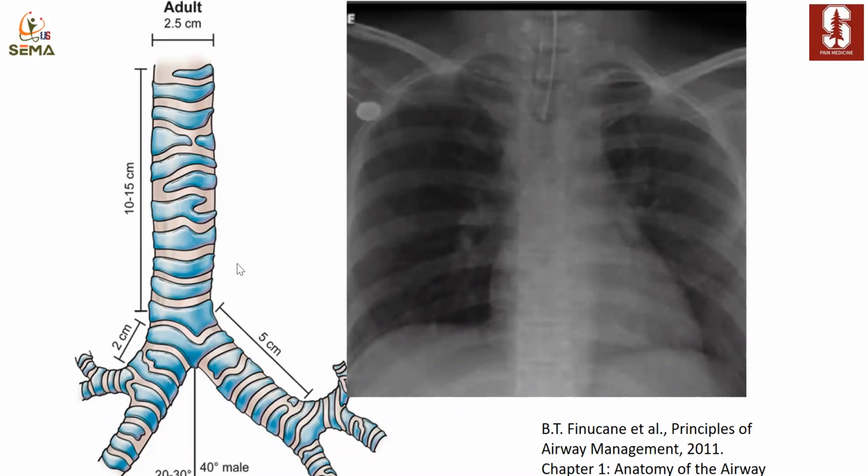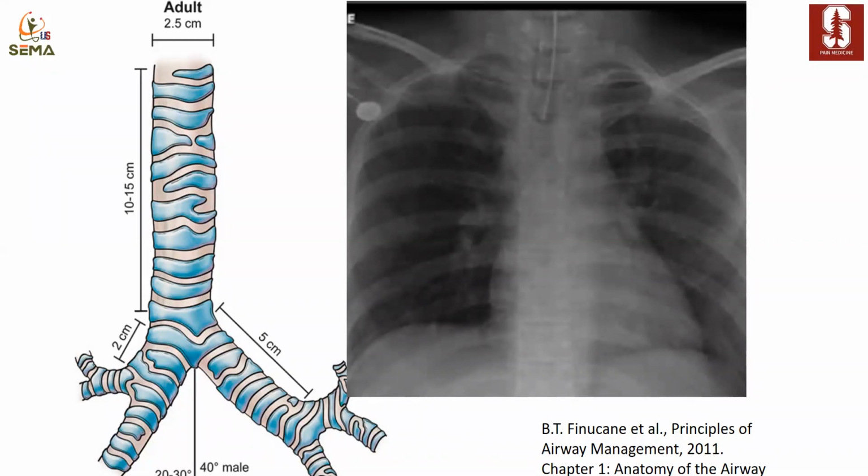It's also important for whoever is dealing with airway to know not only the gross anatomy of the airway, but also some radiological anatomy. Specifically here, we're talking about X-ray, CT scan, and ultrasound, of course.